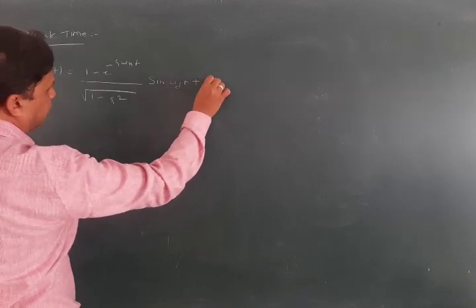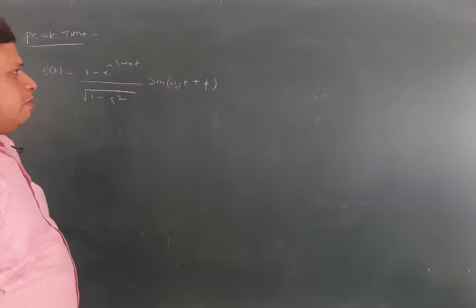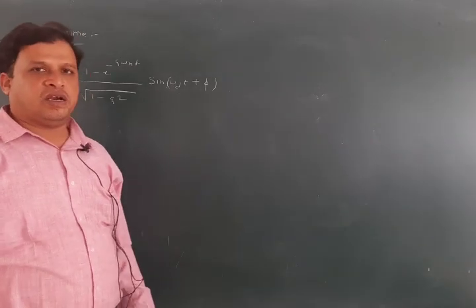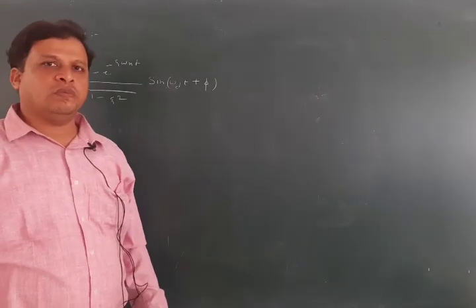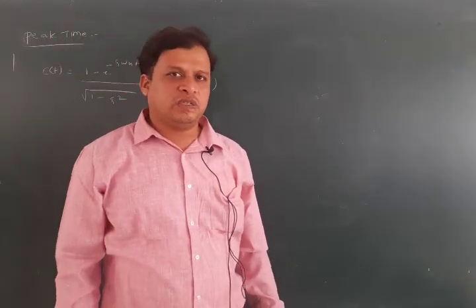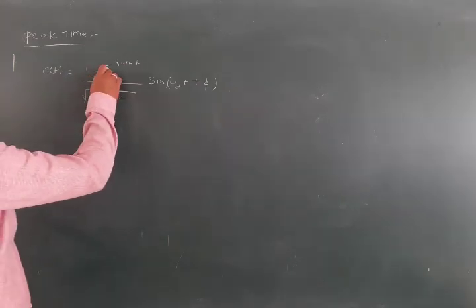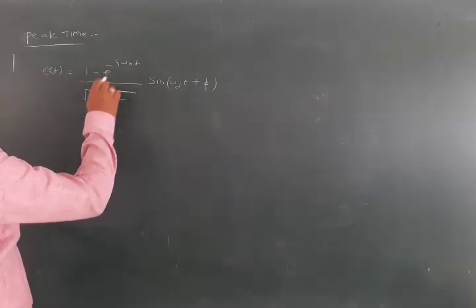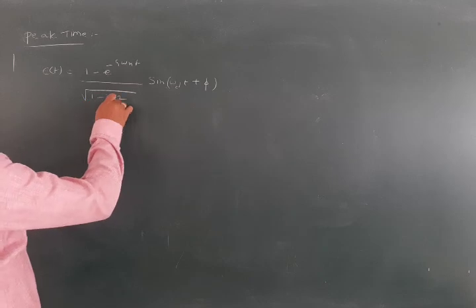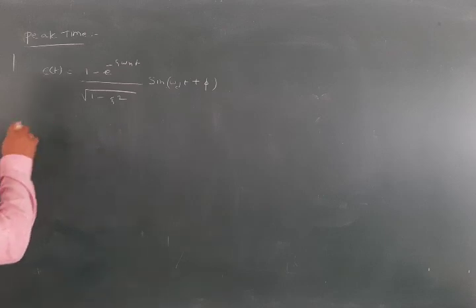This is nothing but the C of t value for the underdamped condition. Already we have derived this for underdamped, critically damped, and other types of cases, 4 cases we have derived. So this equation I have written from the underdamped case.